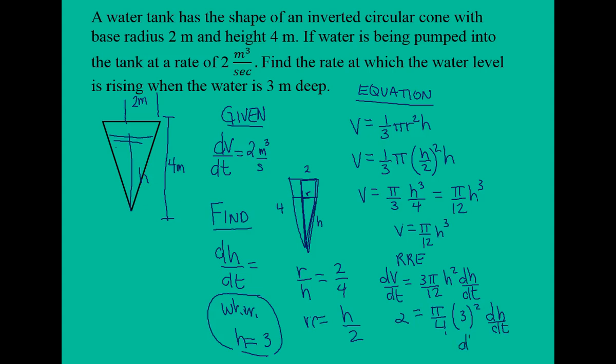So our dh/dt would equal, now we can just figure that all out and come up with 0.28 meters per second. And there we have our answer, dh/dt.